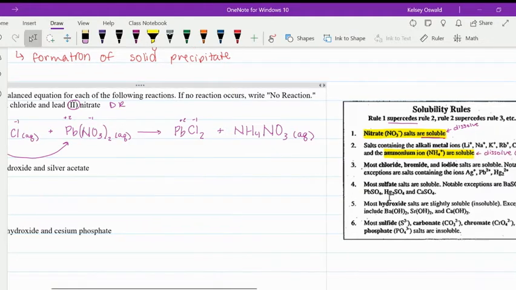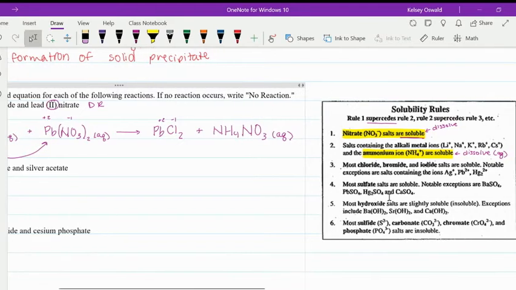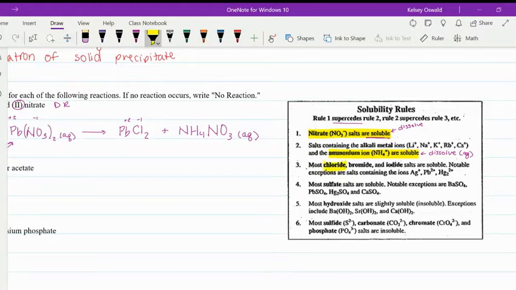So now we need to look to see what will happen with our lead chloride. Will that dissolve in water or will that form a solid? So we need to come down to our rules, and we're going to see that most chlorides, so we have that chlorine, are soluble. So most dissolve. However, it says that there are exceptions containing silver, lead, and mercury.